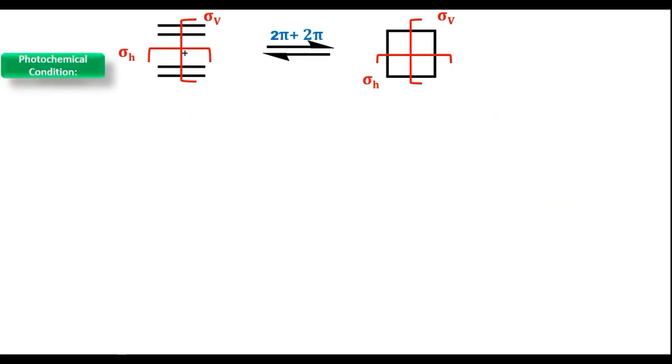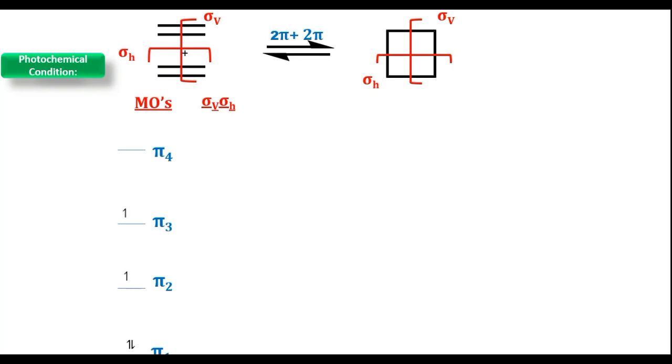Now the photochemical condition, molecular orbitals and their symmetry elements. What are the molecular orbitals? Pi 1, pi 2, pi 3, pi 4. Pi 1 has 2 electrons. In photochemical condition, when you irradiate with light, 1 electron is promoted to the pi 3 level, and we get this configuration.